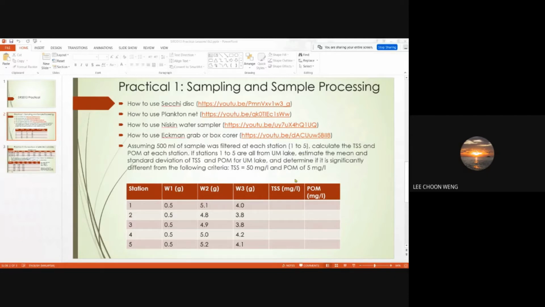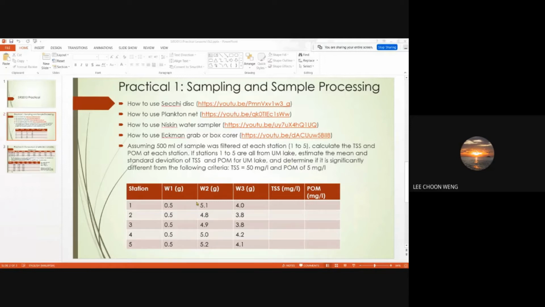For particulate organic matter, it is this filter that's ashed, placed in the furnace, to give you this weight. So this minus this, since for particulate organic matter you're looking at the weight loss on ignition.